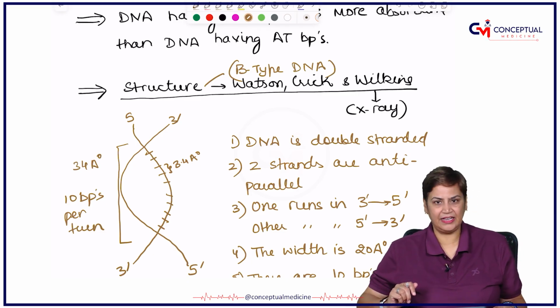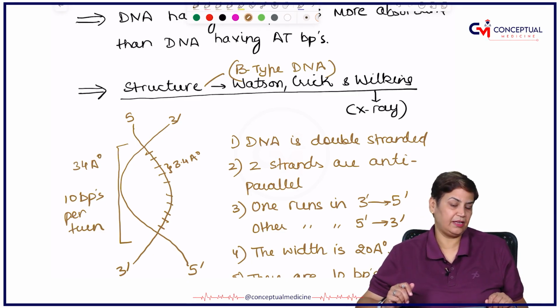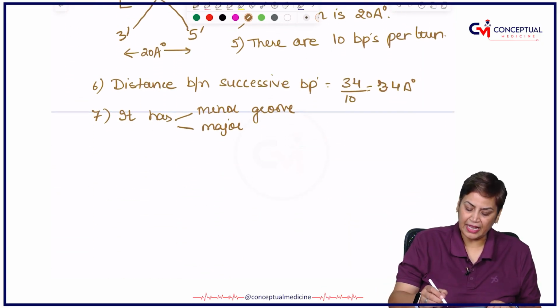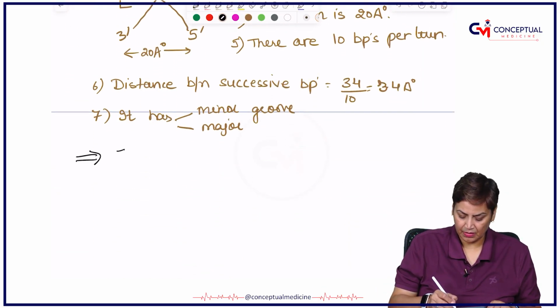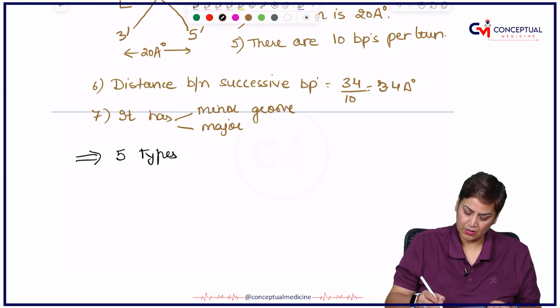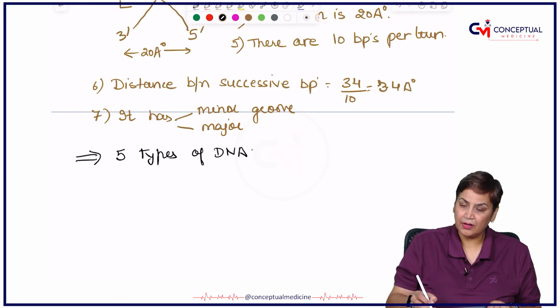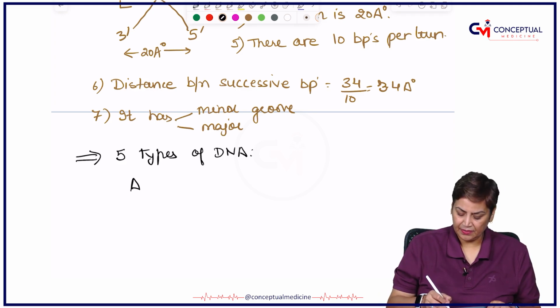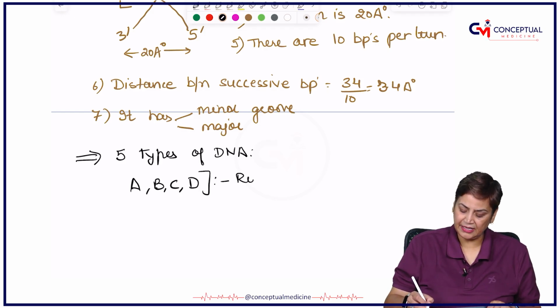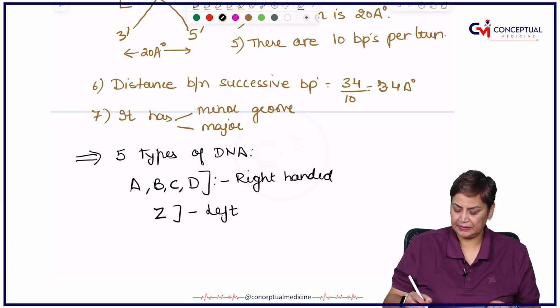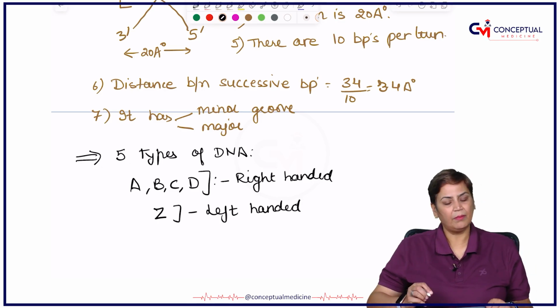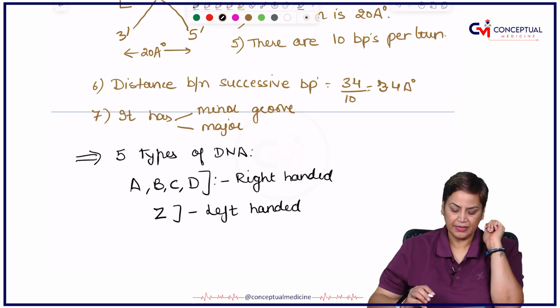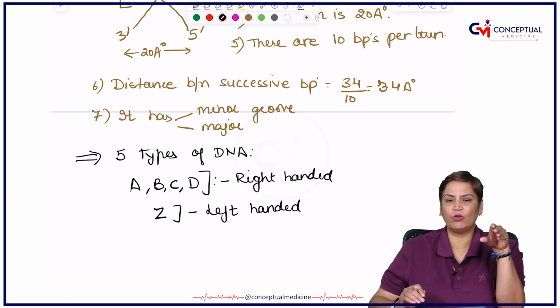And it is obviously right-handed, because there are 5 types of DNA: A, B, C, D, they all are right-handed, and Z is left-handed. But in our body, mainly B-type DNA is there. So this is the structure as given by Watson, Crick and Wilkins.